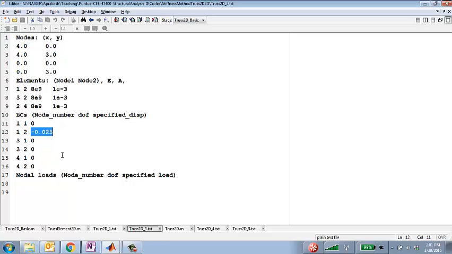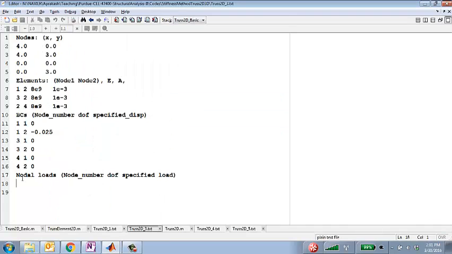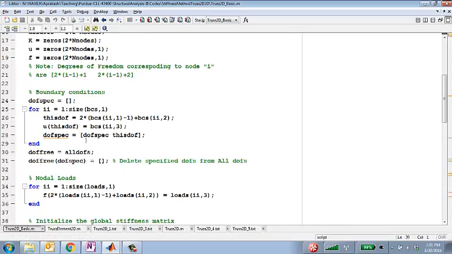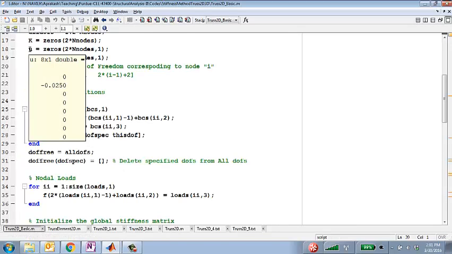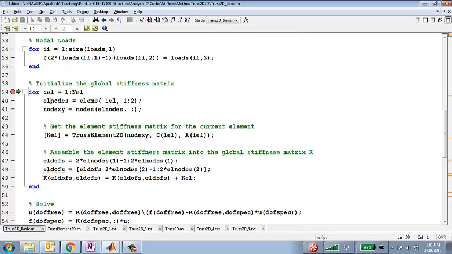So that's just the input file. There's no loads, so that part is empty. And that's why in the Matlab code we can see that degree of freedom 2 already has the specified displacement in there. We'll go through this loop to build the K stiffness matrix now.